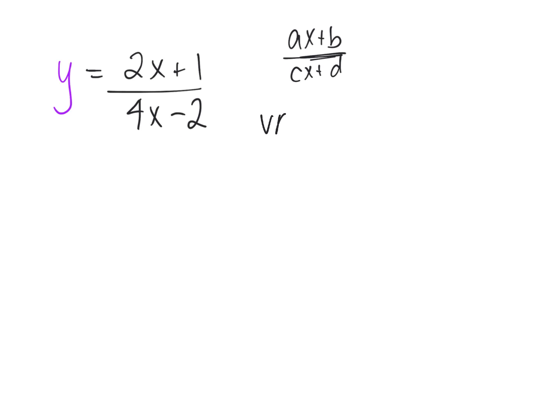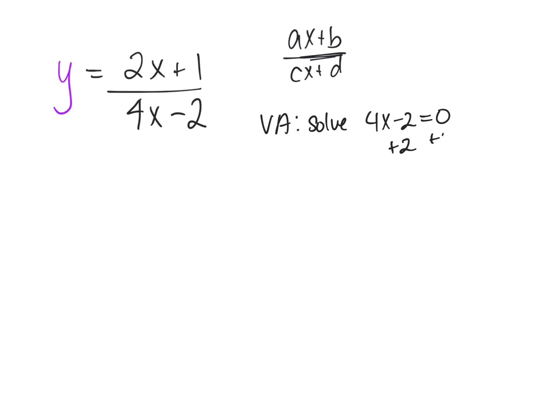Okay, so for my vertical asymptote, I'm going to solve 4x minus 2 equals 0. Whenever there's a coefficient in the bottom, take the second step to solve it, right?